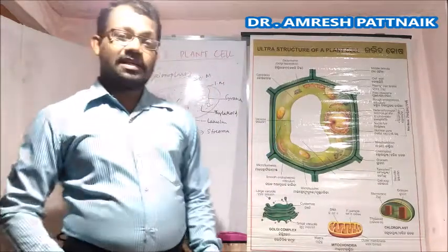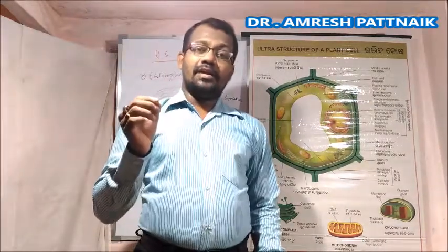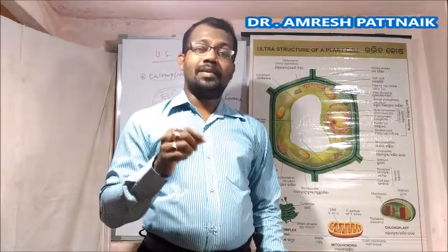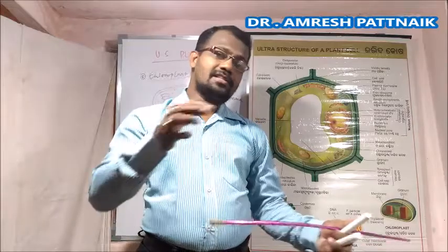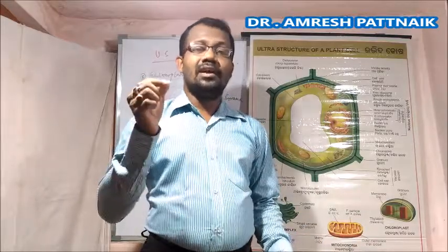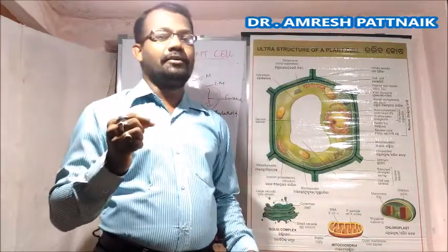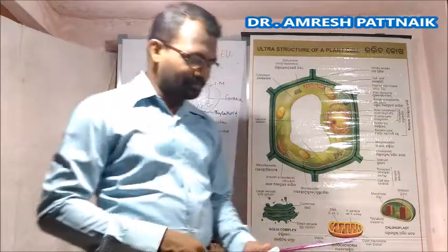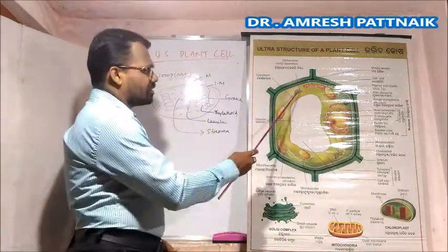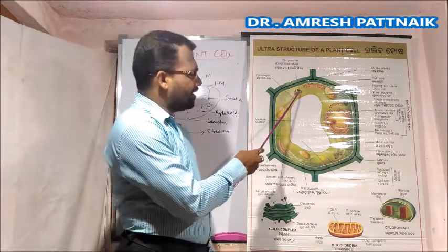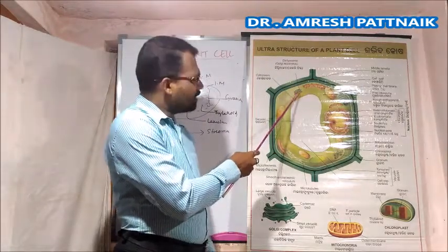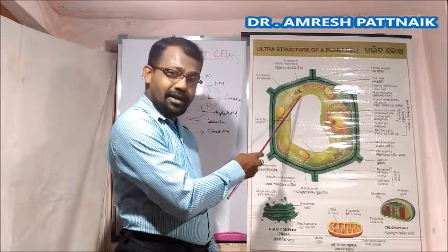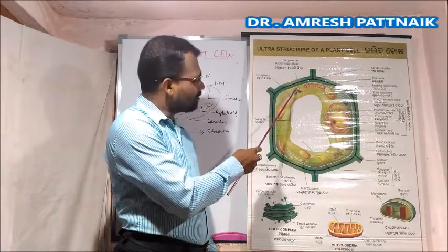This is the Golgi body, Golgi apparatus, or cytomembrane, and in the case of a plant cell this Golgi body is known as dictyosomes. If you study the structure, you can see this is one face, this is the other face. This is the maturing face, this is the forming face.